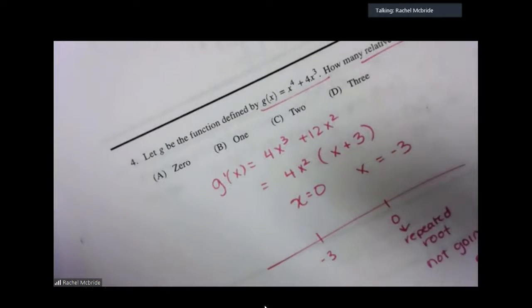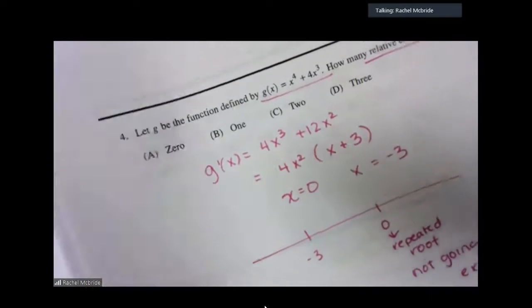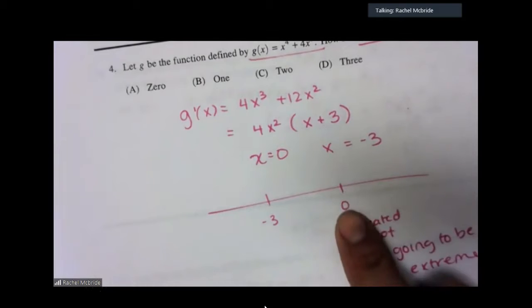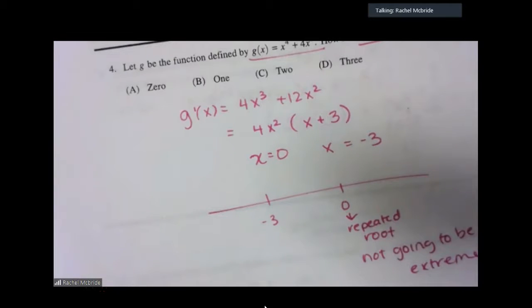So the likelihood, if you have a repeated root, that we're going to end up seeing it as an extrema is slim. Happens very rarely, so anticipate that there's only going to be one. But we always want to make our number line and check.